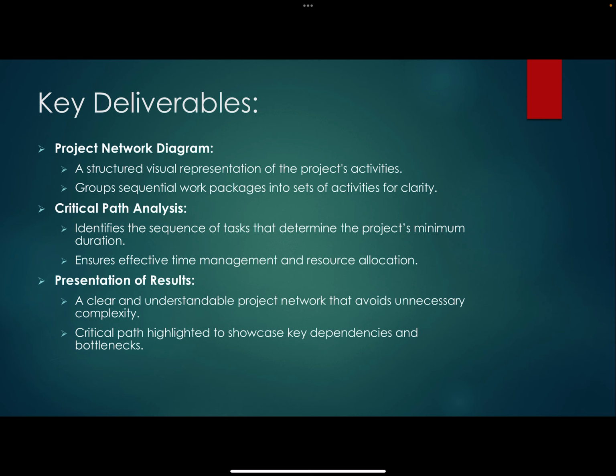From the project network diagram, we get the critical path, which shows how we can ensure the timely completion of our project. And the main part, it improves risk management by preventing potential bottlenecks. So basically, it provides us a structured visual roadmap for scheduling, making it easier to track the relationships and optimize the project execution.